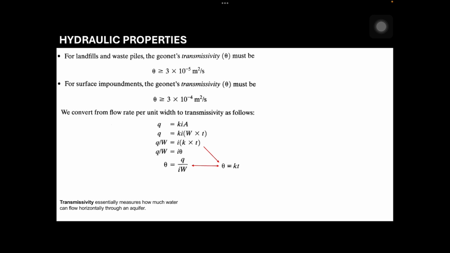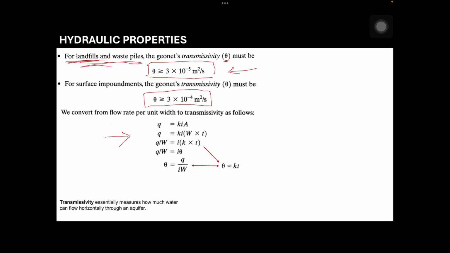So, to get yung transmissivity value, which is denoted by theta, we have derived this formula, and then per standard, ito yung magandang transmissivity values for landfills or waste pile.